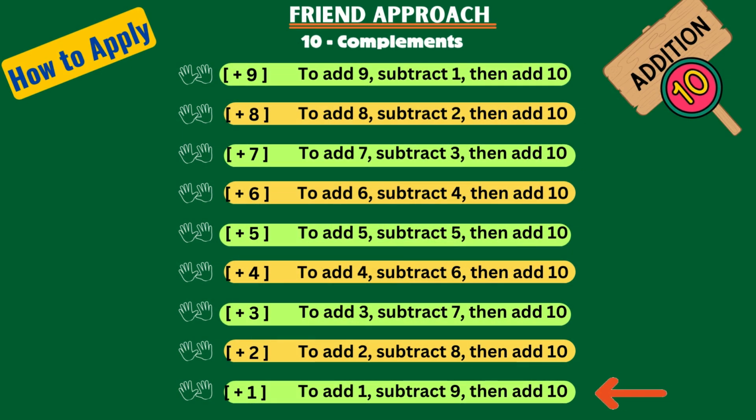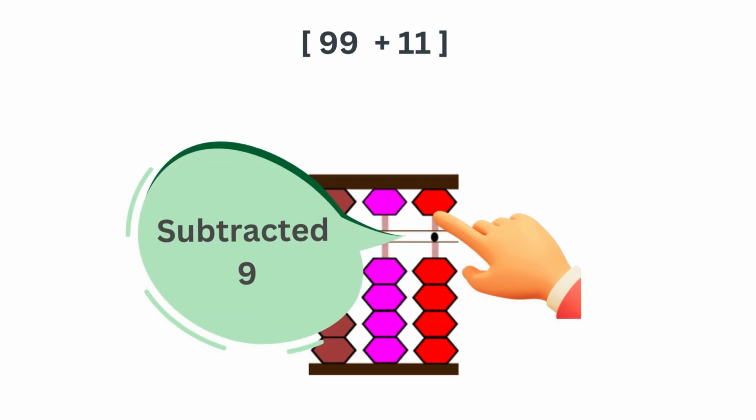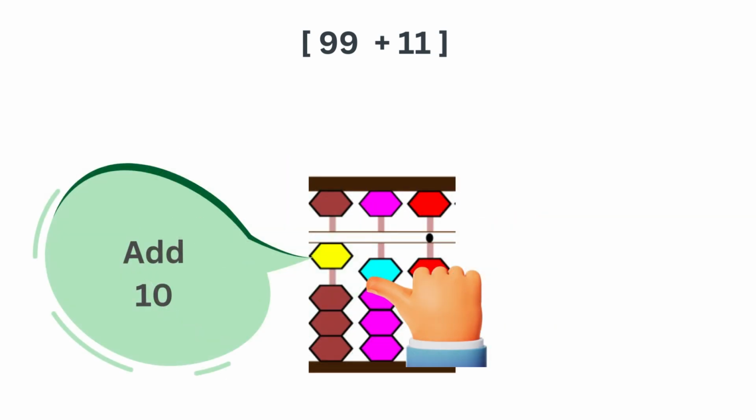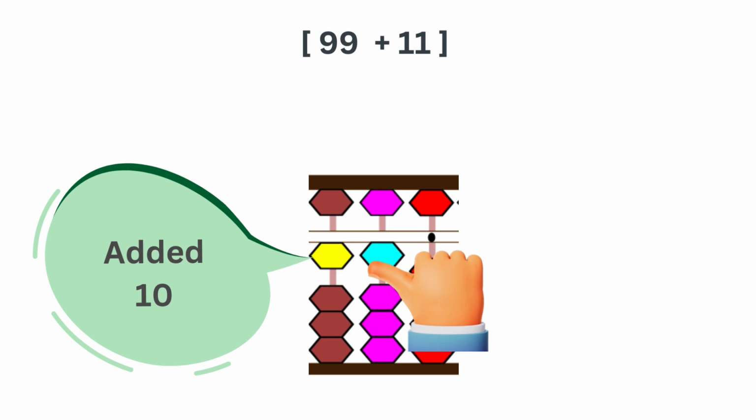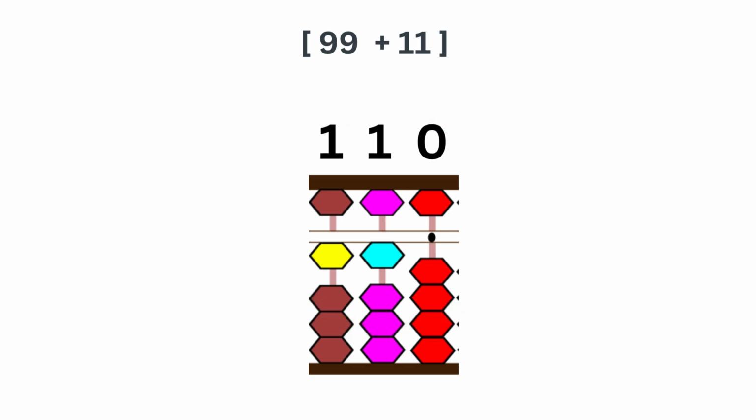So we use the same formula as we did for the tens column. To add 1, subtract 9, then add 10. Count the number of beads attached to the bar. It's 110. Therefore, 99 plus 11 is equal to 110.